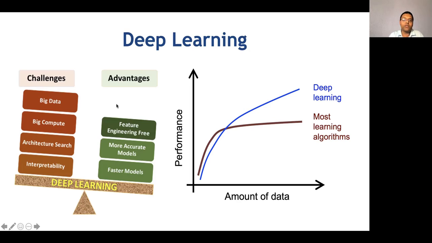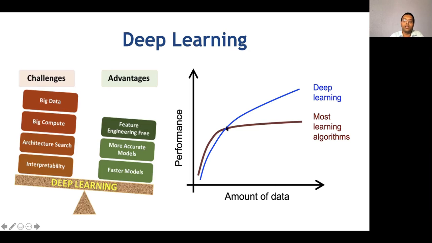And the biggest advantage of deep learning is that it is feature engineering free. So we no longer need to manually hand engineer attributes, features from our data before applying machine learning. We can just give the raw data to deep learning, and it can figure out the best features by itself. And if you have enough data, it can also give us more accurate models, as you can see here. As you increase the amount of training data, you get better, more accurate models.